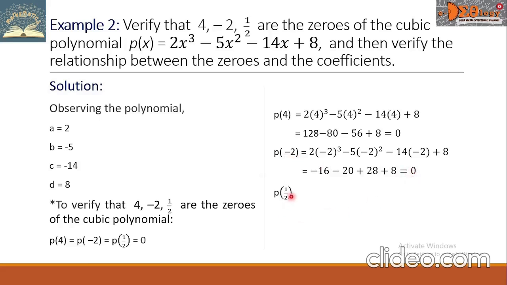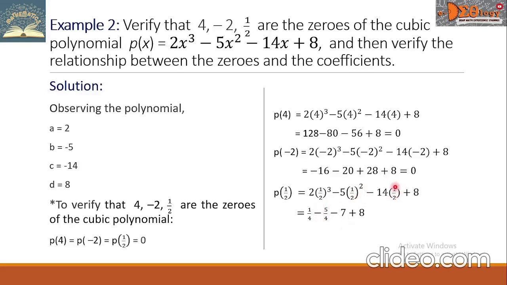Then we go to P of 1/2. When we evaluate, we will get 2 times the cube of 1/2 minus 5 times the square of 1/2 minus 14 times 1/2, then plus 8. We simplify 1/2 cubed, we get 1 over 8, then times 2, we will get 1/4. Then the square of 1/2 is 1/4 times negative 5, we will get negative 5 over 4.